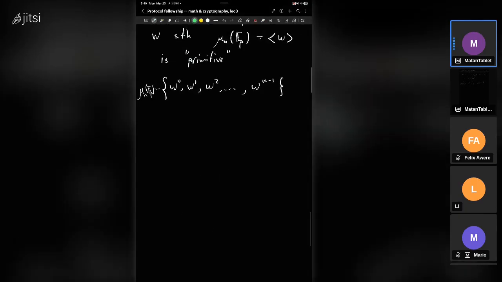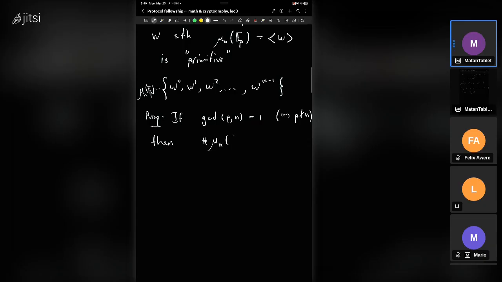And moreover, proposition: if the GCD of p and n is 1, namely if p does not divide n, then the size of the group of nth roots of unity is exactly n.